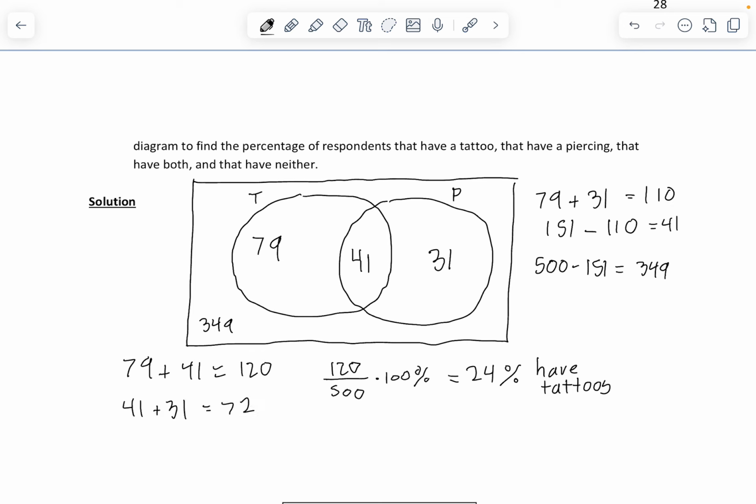So then express that as a percentage, 72 out of 500 times 100%. If I work that out, I get about 14% have piercings.